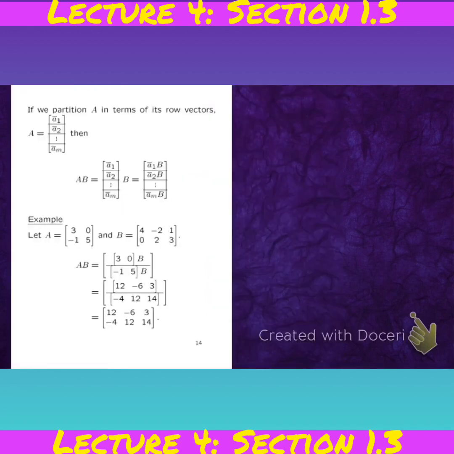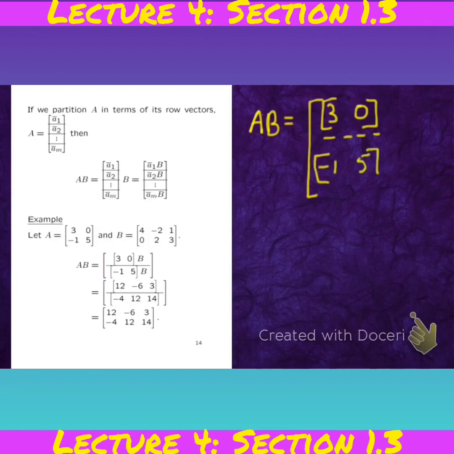Alright, so doing that, if we look at A times B, we can firstly partition A into its respective row vectors. So that's my first row vector there, 3, 0, and my second row vector is minus 1, 5. We already calculated one of them.